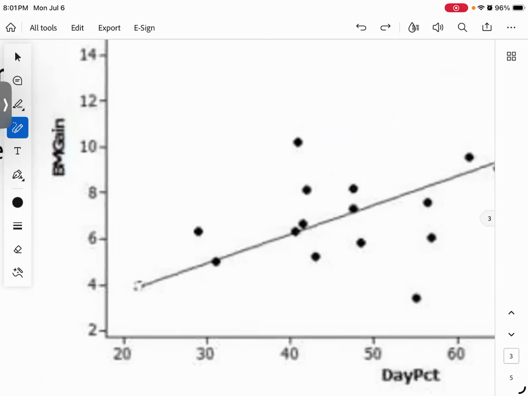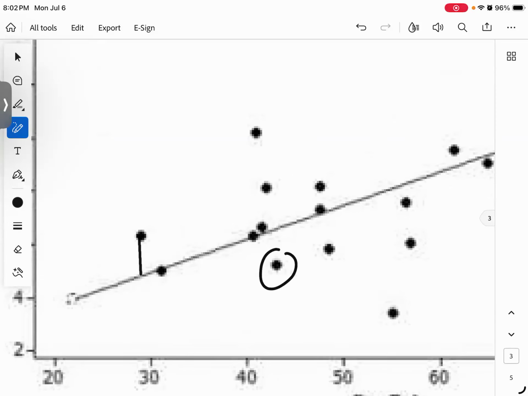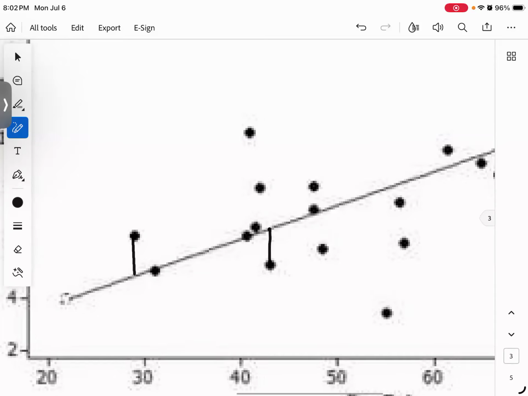For example, this dot right here, that is its residual, how far off the line it is distance-wise. This dot right here, that is its residual too. Those two would be said to have pretty short residuals, not very long.